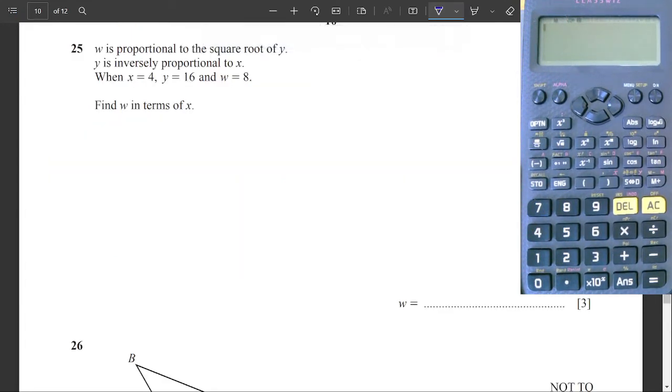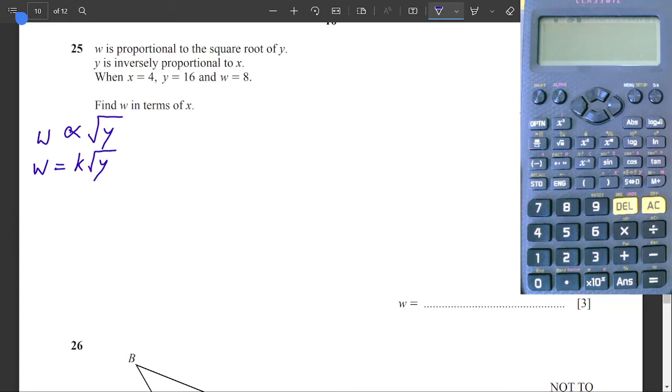Question 25 can be confusing. Let's do this slowly. First of all, it says W is proportional, so we write W, this is the proportion sign, to the square root of y. We can change that into an equation by putting in the constant of the proportion, the ratio.